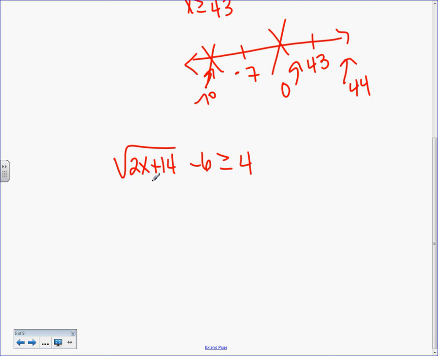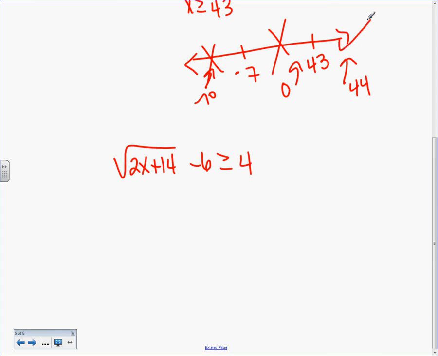Take 44 times 2, 88, plus the 14. 102, yeah. Square rooted is the part I didn't know is what I meant. Just round for me. What is it? 10 point something, right? So 10.1 minus 6 is 4.1 whatever. So it worked. Check mark.